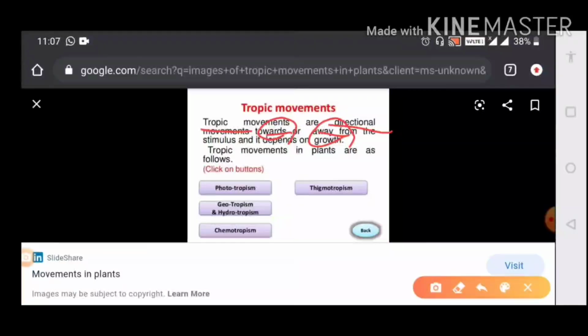These tropic movements in plants are as follows: phototropic, geotropic, hydrotropic, chemotropic and thigmotropic movement. Each again can be divided into two types: positively and negatively phototropic, geotropic, hydrotropic, chemotropic, and thigmotropic.